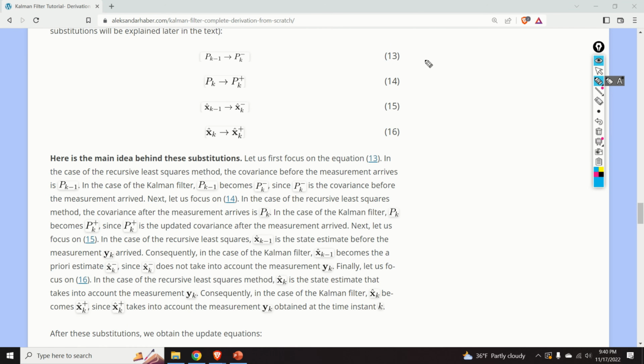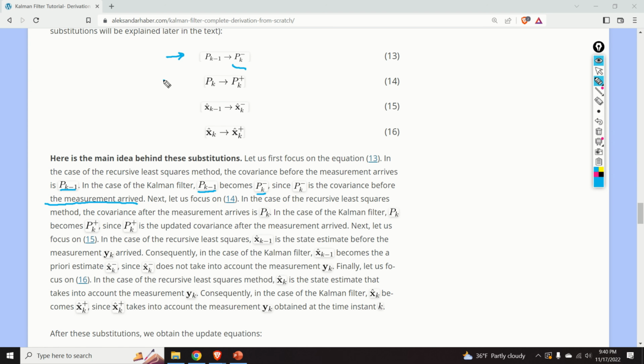Next, let us explain the main motivation for performing these substitutions. Let us first focus on the equation 13. In the case of the recursive least squares method, the covariance before the measurement arrives is Pk minus 1. On the other hand, in the case of the Kalman filter, Pk minus 1 becomes Pk minus, since Pk minus is the covariance before the measurement arrived.